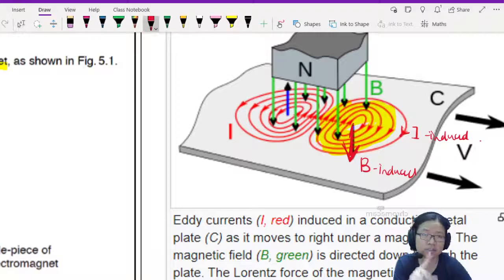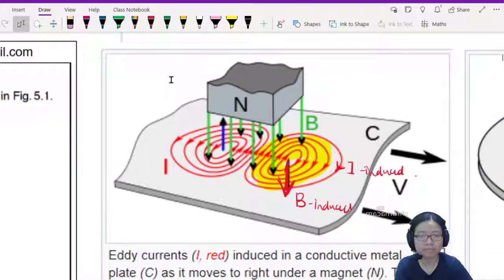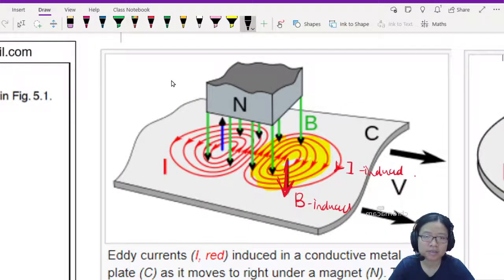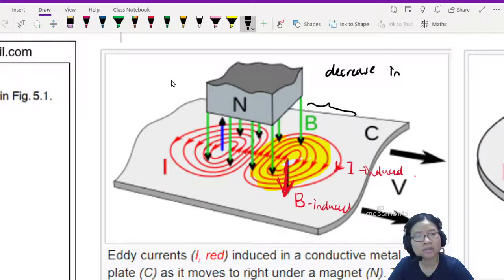When this metal sheet is about to run away from the magnet, the metal sheet on this yellow portion experiences a decrease in magnetic flux. This part here will have a decrease in magnetic flux, the green color flux.